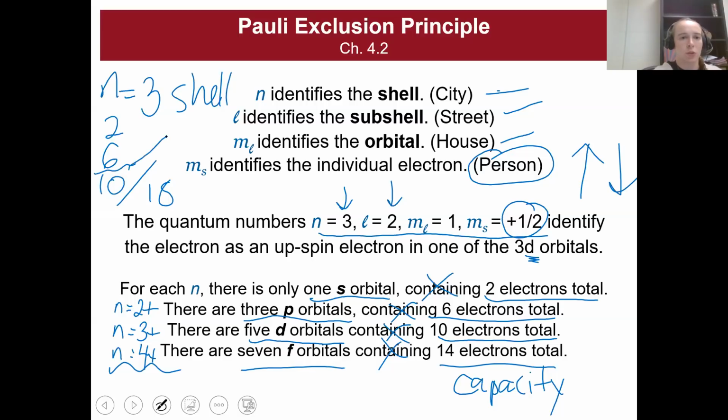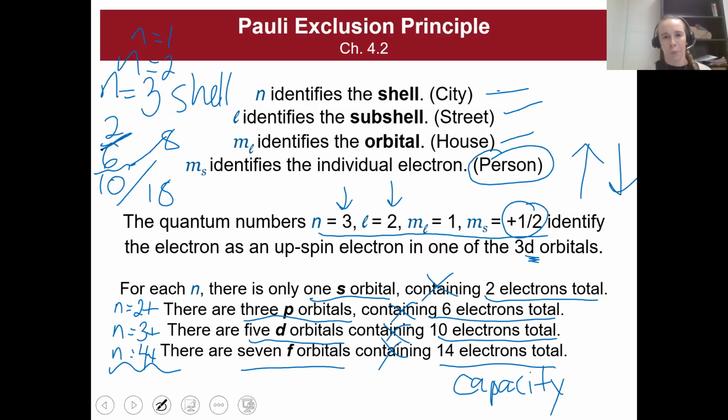So for n equals 2, we have a capacity of 8 electrons, 2 from the s orbital and 6 from the p orbitals. And when we have n equals 1, we can only have these 2 electrons possible. So the capacity of our shells is increasing as n increases.